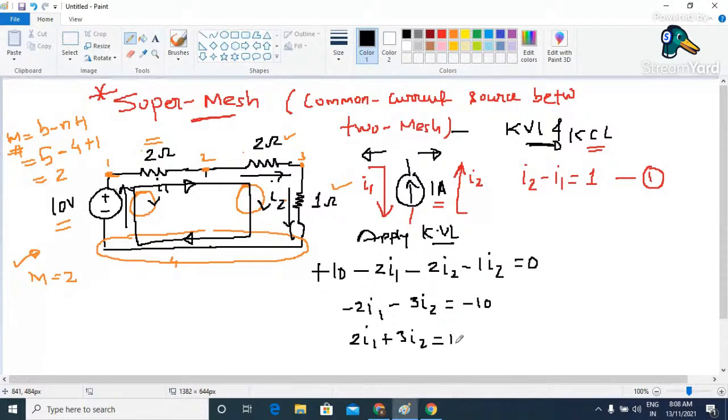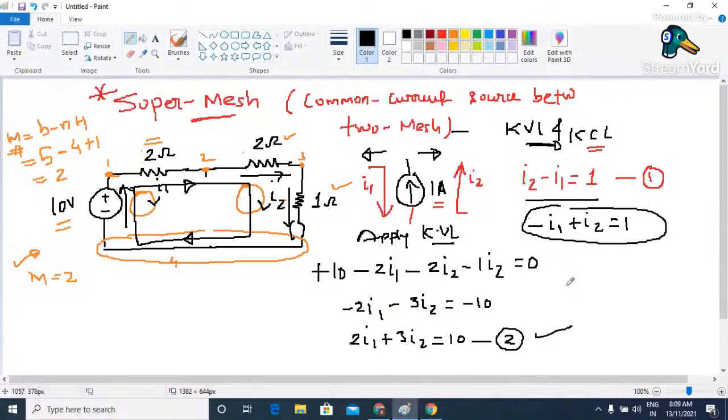First one is this, which is nothing but I2 minus I1 equals 1, or you can write this as minus I1 plus I2 equal to 1. And second equation is this. Take a calculator, solve these equations, and please write the answers for this particular numerical, what you got as the value of I1 and what you got as the value of I2.